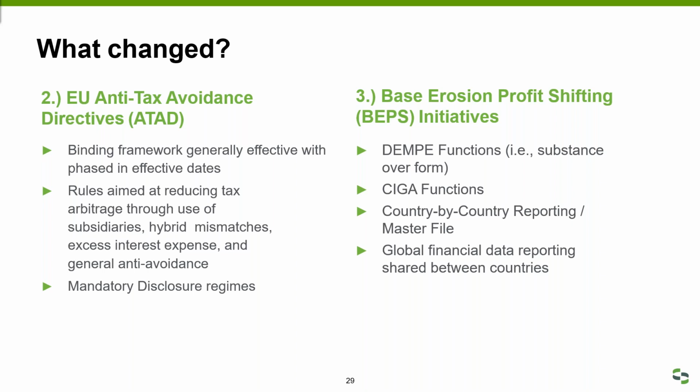You really have to think about what kind of substance you're going to place in the foreign jurisdiction and what kind of R&D activities are actually going to take place. And are you going to have a core income generating activity in that foreign jurisdiction? So what we call CIGA functions. The third thing on BEPS is country by country reporting.